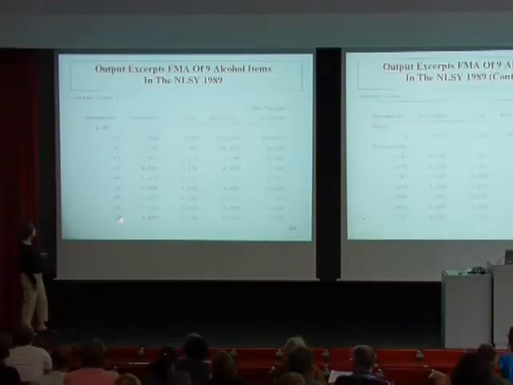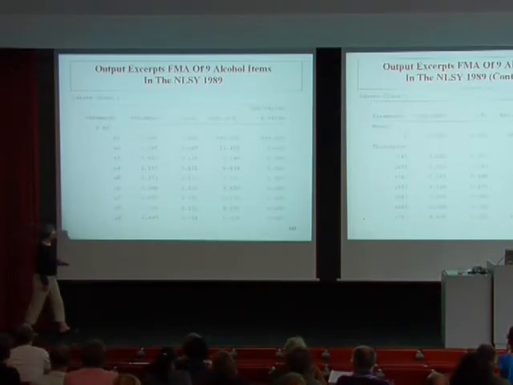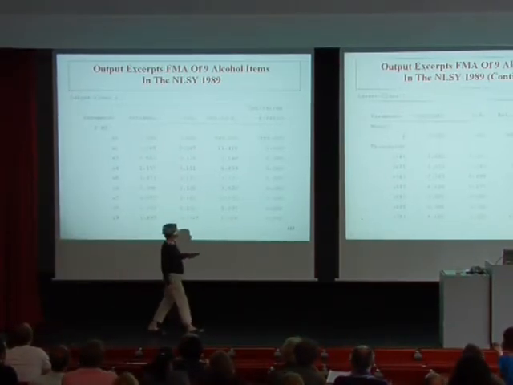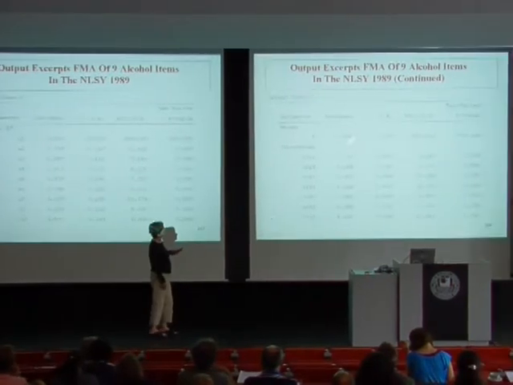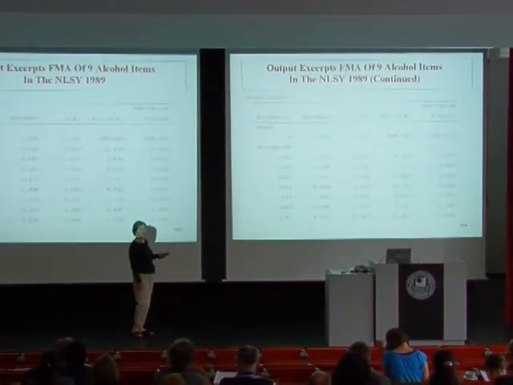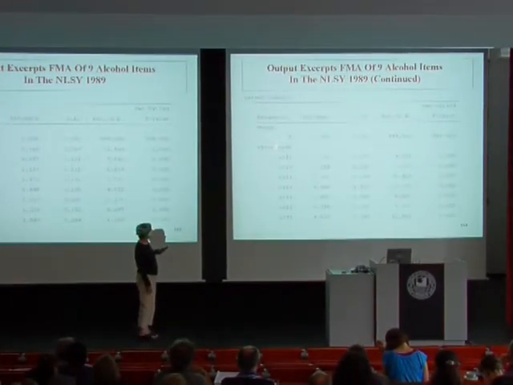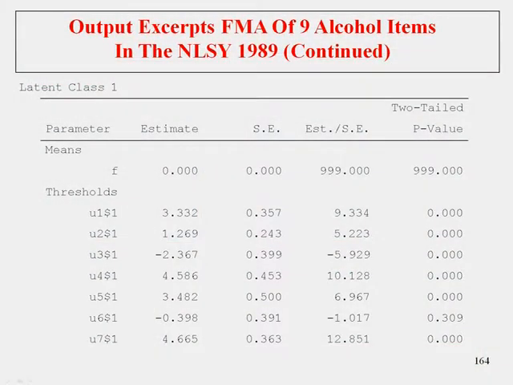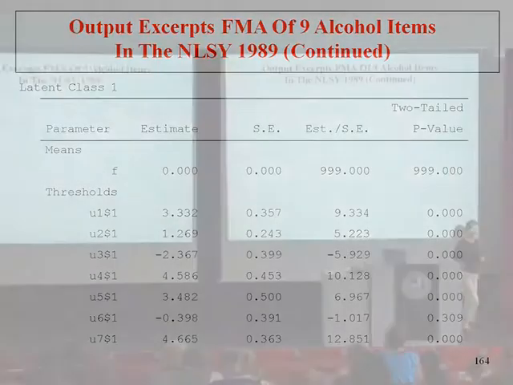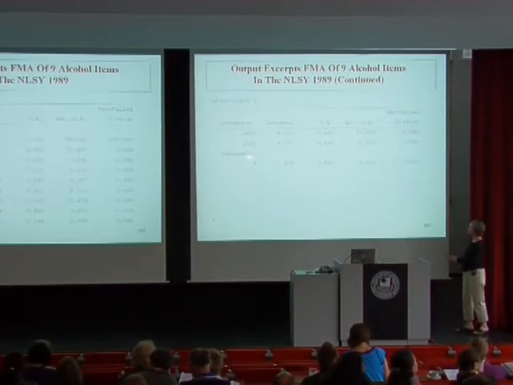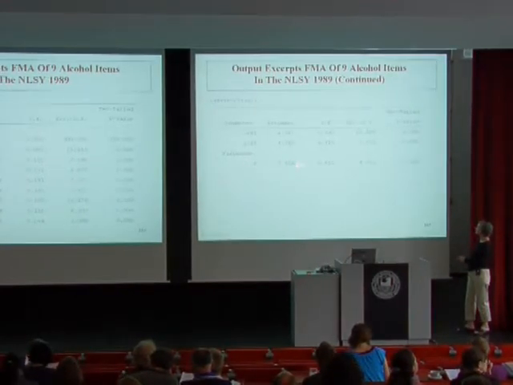So we give you these results, and then we give you the mean of the factor, which, remember, we fixed to 0 in both classes because the thresholds, which we show here, are not held equal across classes. And then we give one more thing that's important here, and that's the factor variance. So we estimate the factor variance in each class.